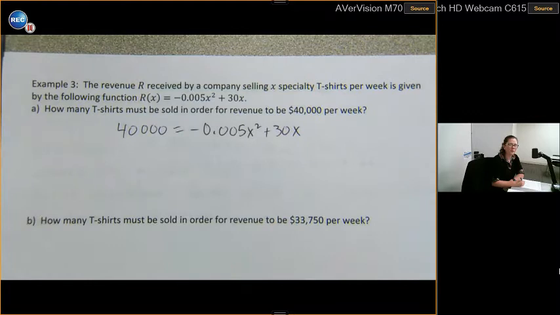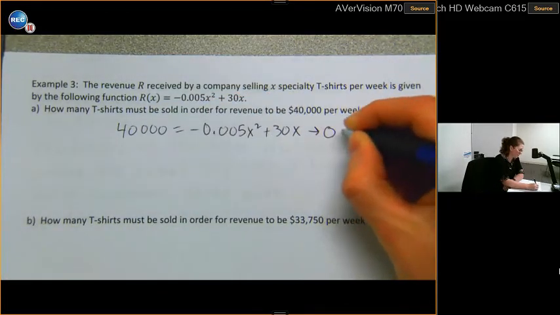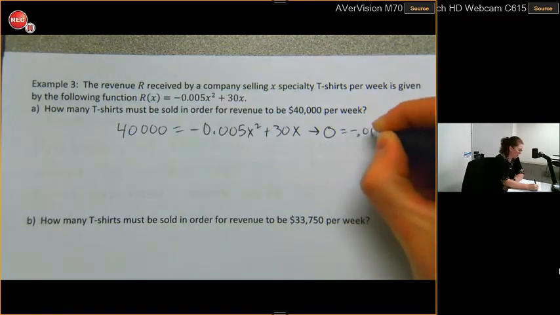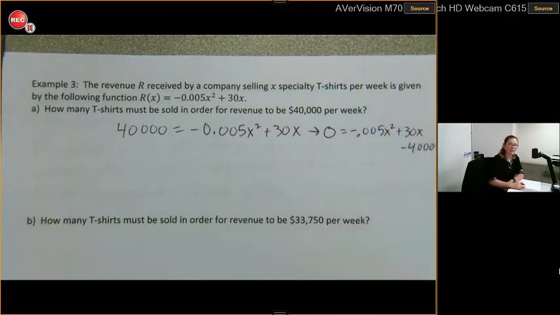And then I'm going to solve this with the quadratic formula, which means I need to make it equal to 0. So I'm going to subtract the 40,000. And then plug into the quadratic formula.